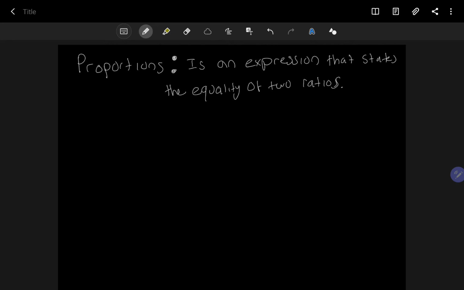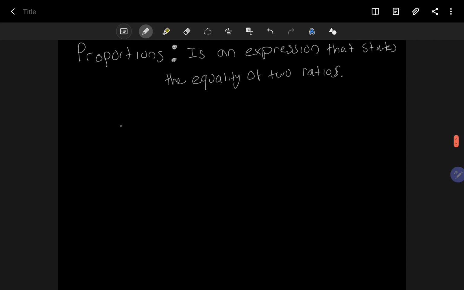So let's think about this. Let's say I'm looking at this rectangular prism. Maybe I should have just made it a square.